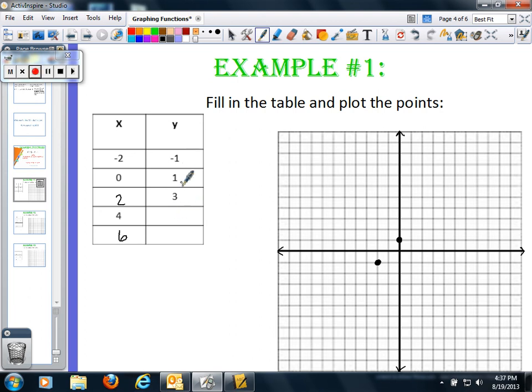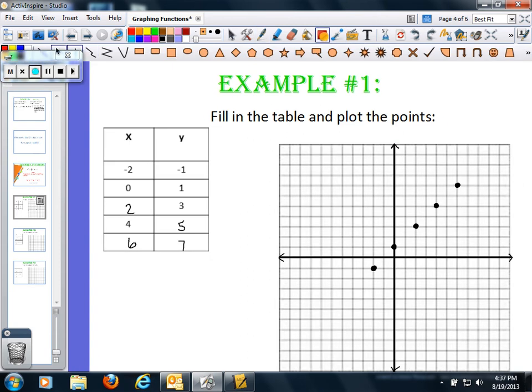So -1, 1, 3, that would leave this to be a 5, and this one to be a 7. And let's go ahead and graph it now. So you have 2 up 3, you have 4 up 5, and you have 6 up 7. And this has made a straight line, which now allows me to graph it.